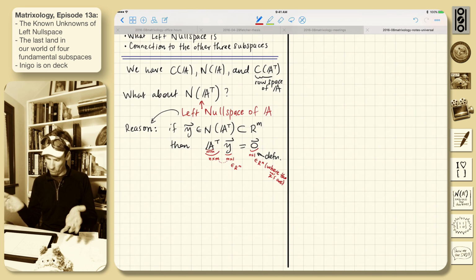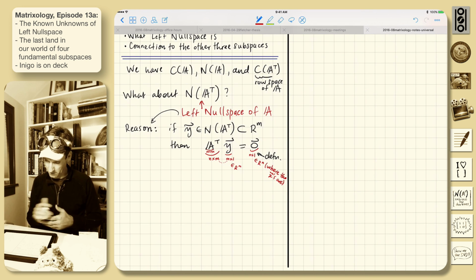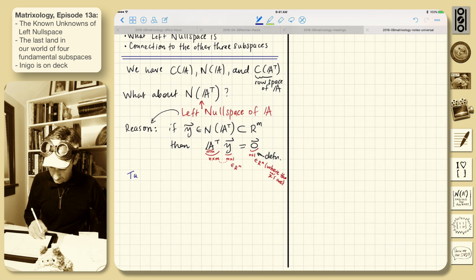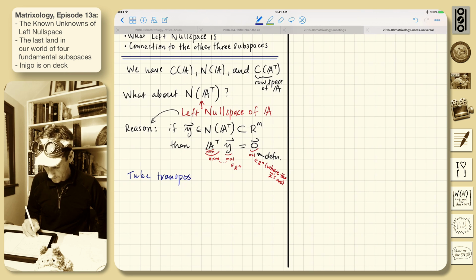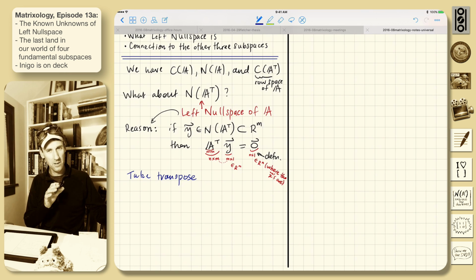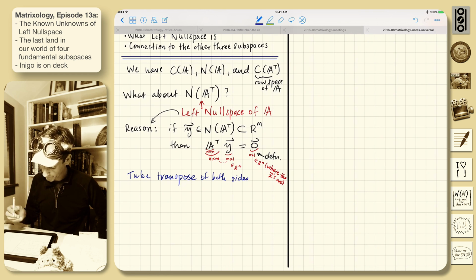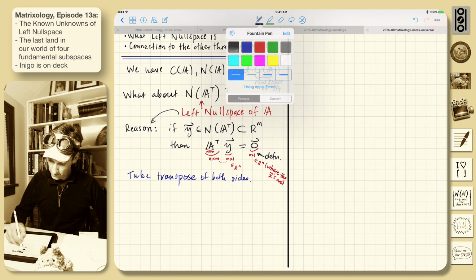Right, okay, so what is this? We know about transposes. Take the transpose of both sides. Quick reminder: the transpose of B times C is C transpose times B transpose. So let's do that.